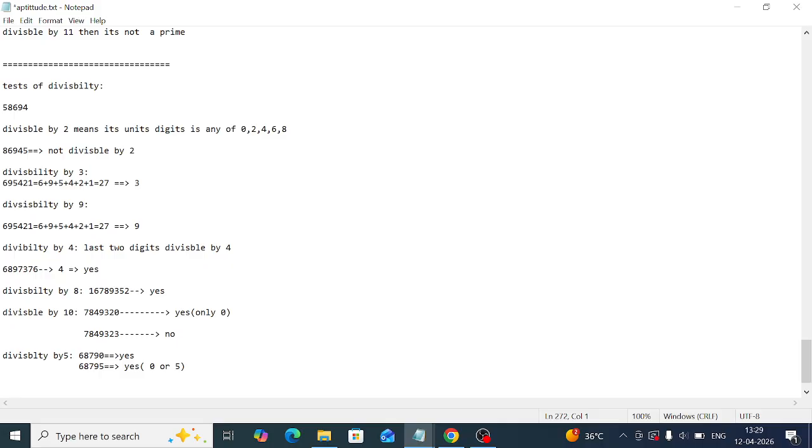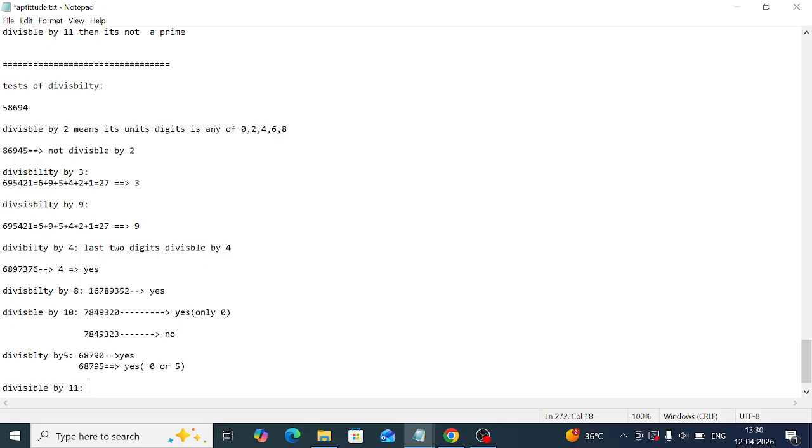Okay. This is how you check whether the number is divisible by 2 or 3 or 9 or 4 or 8 or 10. Next, divisibility by 11. How can you say whether the number is divisible by 11 or not?